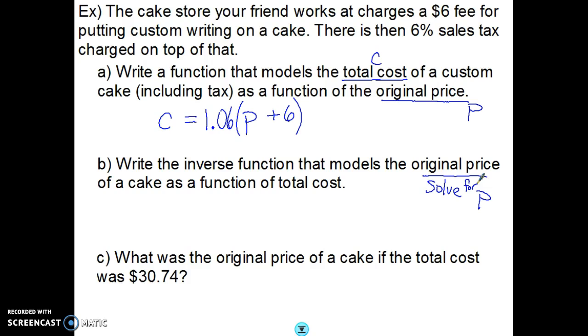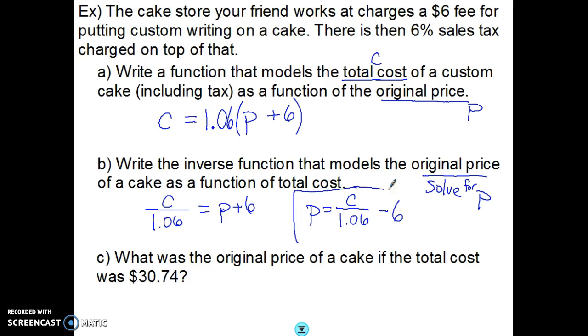So the first thing we have to do is divide by 1.06. So then we would get C divided by 1.06 equals P plus 6. And finally, we have to subtract 6 from both sides. So P is equal to C divided by 1.06 minus 6.